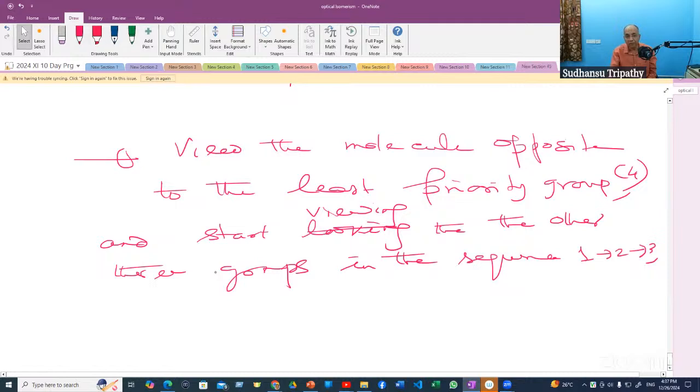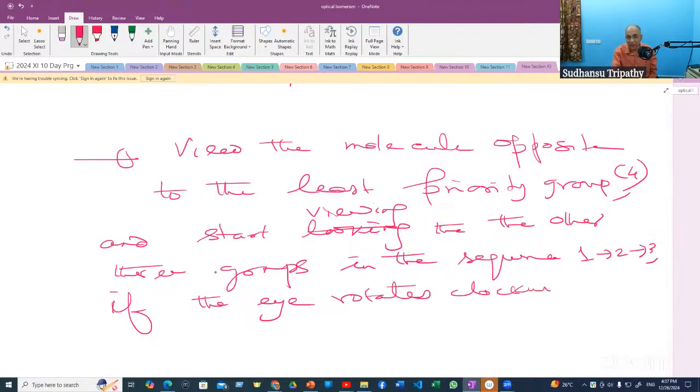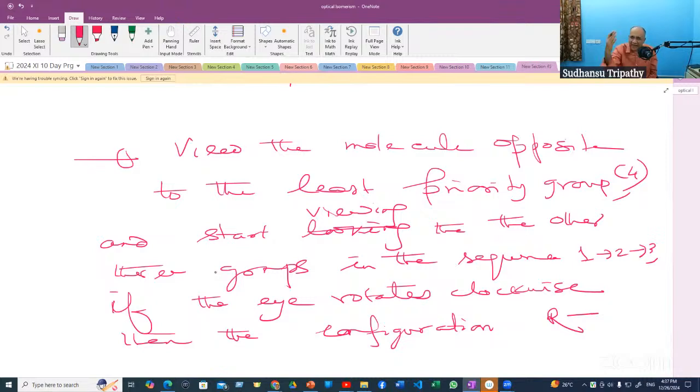If the eye rotates clockwise, then the configuration is R. R is the Latin word rectus, which stands for right-handedness.